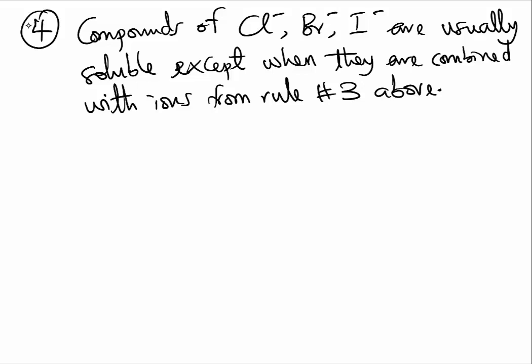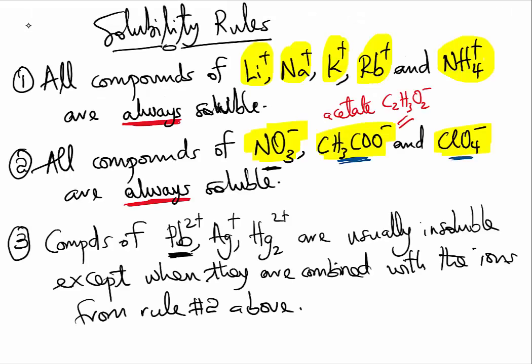Now, what does this mean? Anytime you see chlorine, bromine, or iodine in a compound, you should assume the compound is soluble, except when they are combined with lead, or silver, or mercury 1.